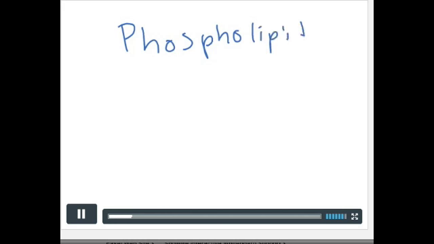So we're going to move on to the sketchbook. Today we're going to be talking about the phospholipid bilayer. Here I have a picture of a lipid. It almost looks like a guy with a head standing. Bi means 2, so a phospholipid bilayer has 2 layers.